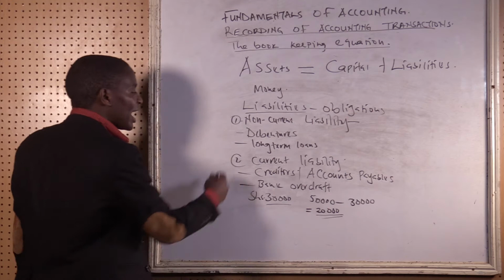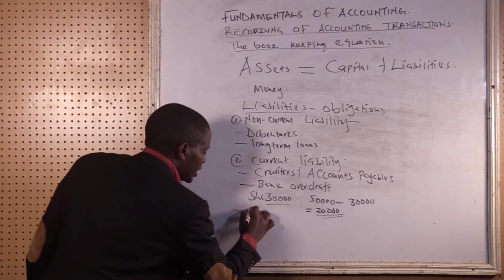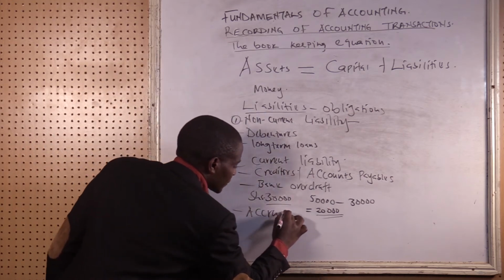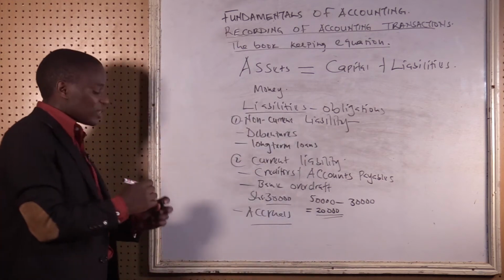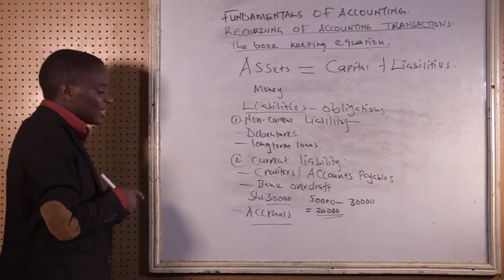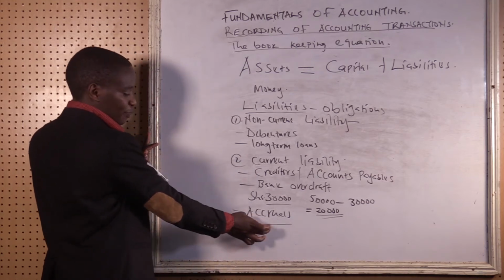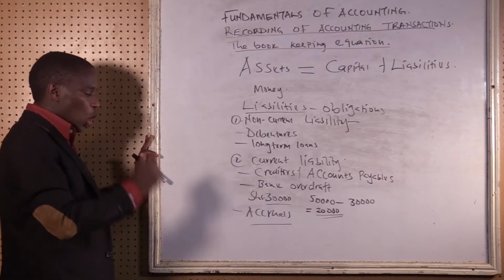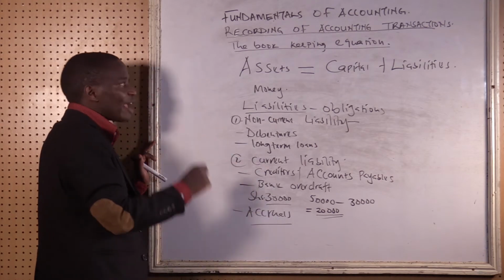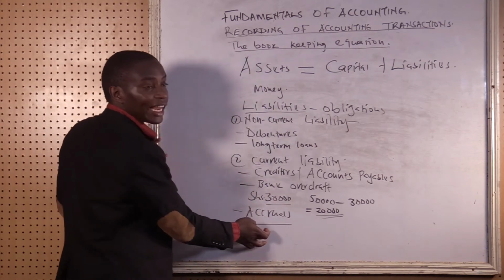We also have another current liability, which is accruals. Accruals are expenses or payments that the business ought to have paid, but it has not paid at the time when you are making the recordings.